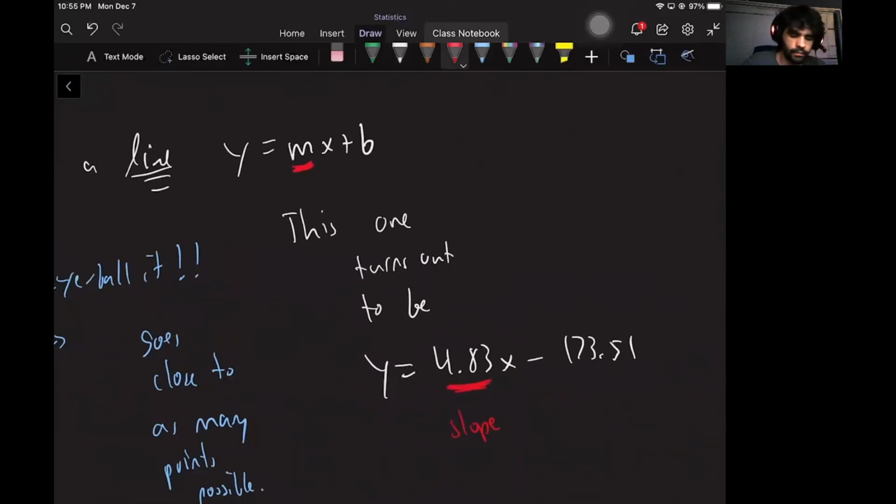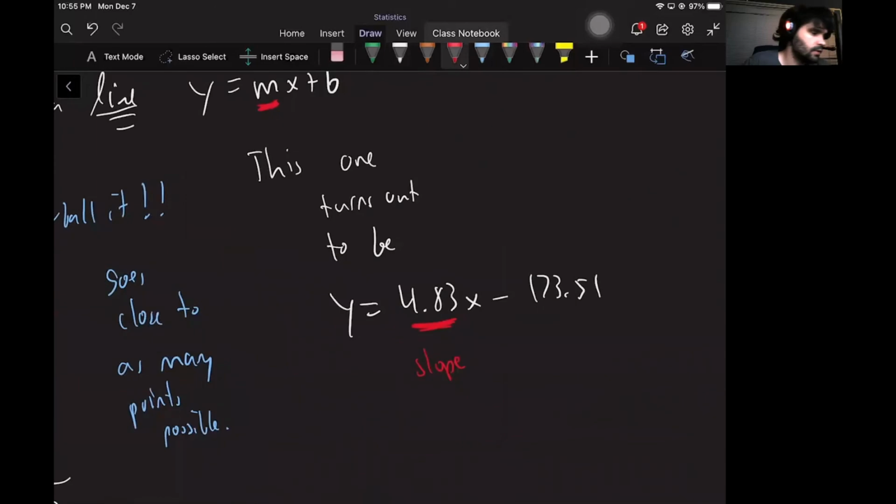But then the point of having this line is you can use it to make predictions. That's the nice stuff.